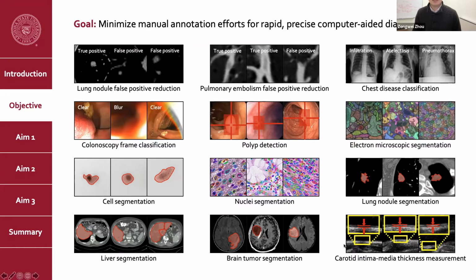So to validate the hypothesis, we have used 12 different use cases in this work, including disease detection, segmentation, and classification, and covering medical modalities such as CT scan, X-ray, colonoscopy, microscopes, MRI, ultrasound, and so on. So now let's dive into each of the specific aims. If you have any questions, please let me know in the chat box or in person.